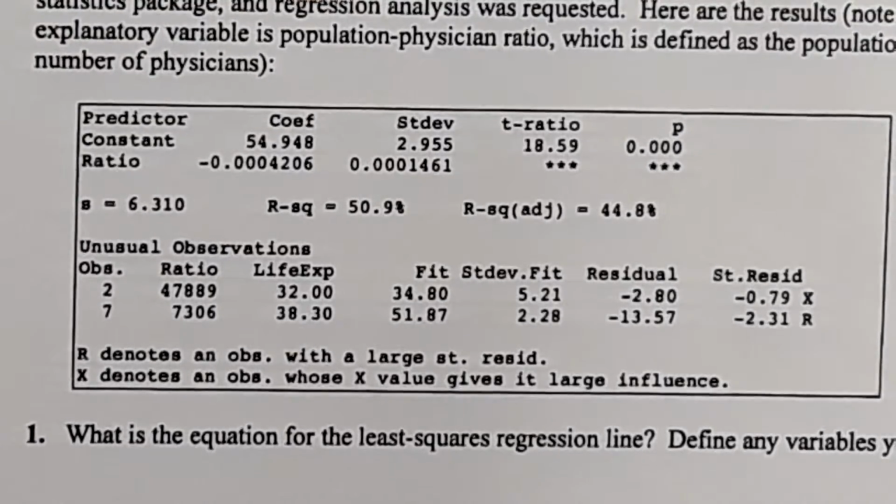Researchers wanted to know if having a larger proportion of physicians in developing African countries is associated with a higher average life expectancy. Data for 10 African countries were entered into a statistics package and regression analysis was requested. Here are the results. Note that the explanatory variable is population physician ratio, which is defined as the population divided by the number of physicians.